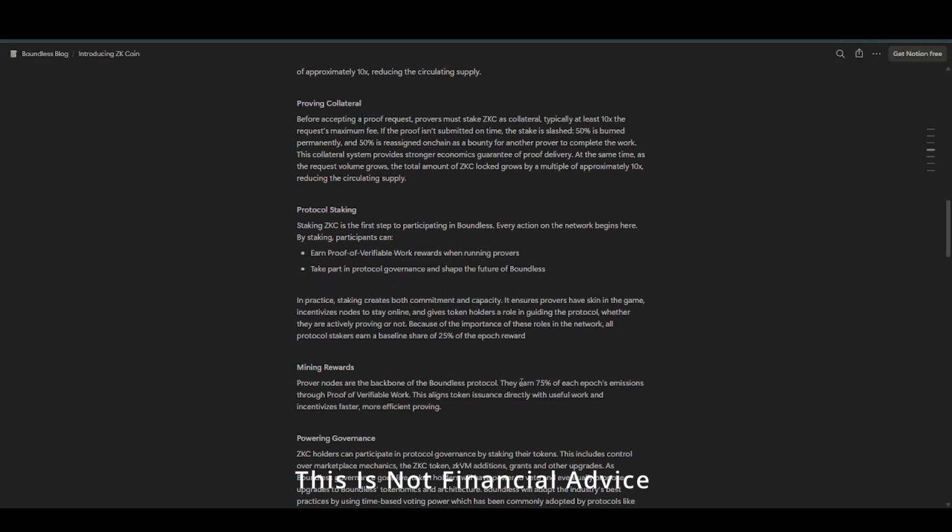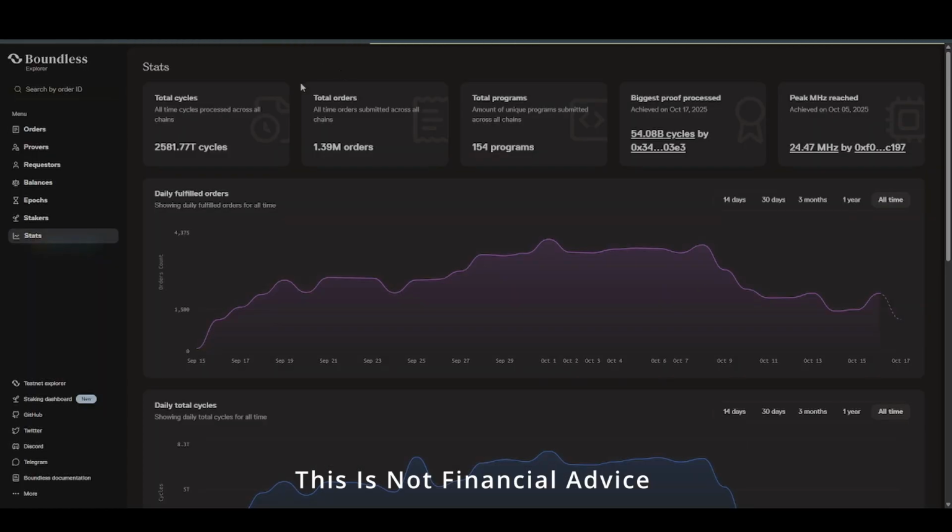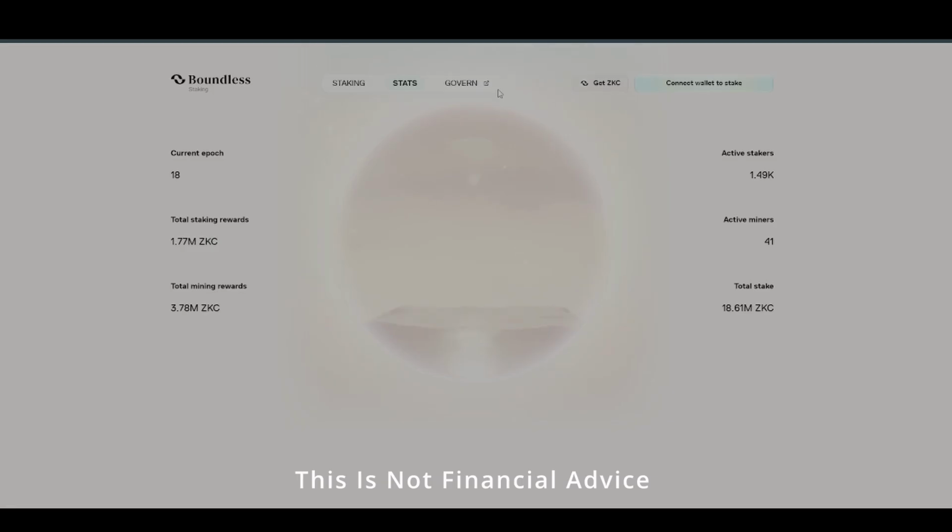Now moving on, the token is also used for staking. Staking ZKC is the first step to participating in Boundless, so every action on the network begins here. This is how the staking looks. As of now, there are around 1,400 or 1,500 stakers, as you can see, and they have 41 active provers, and the total stake is 18.61 million.